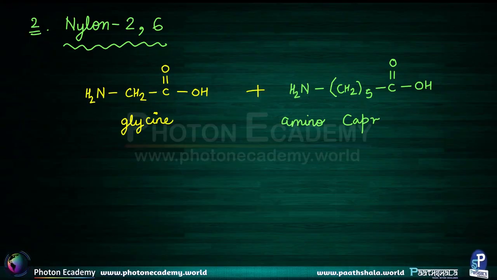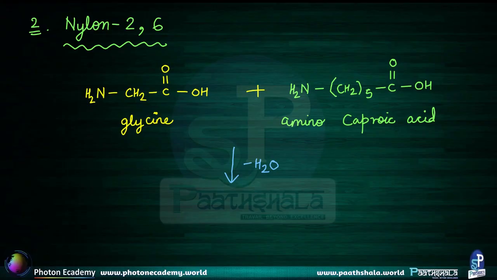Now, both of them on combination, we know that they'll be losing a water molecule, and therefore this is called copolymerization. And here we have NH. Now another H is lost because we needed to open the chain.